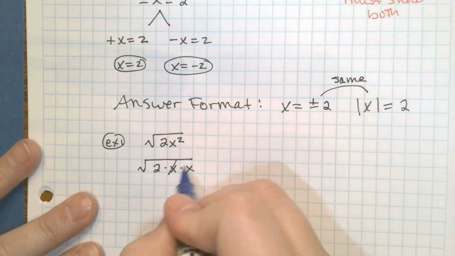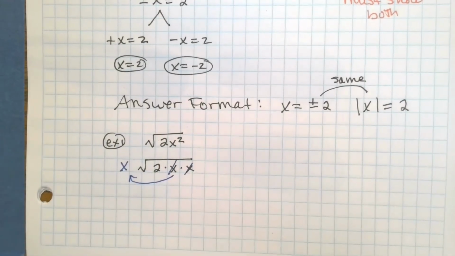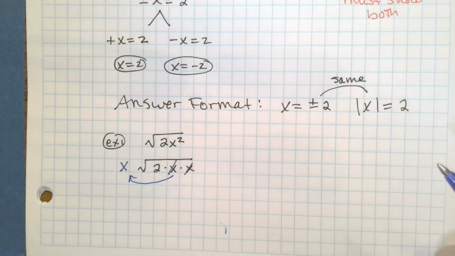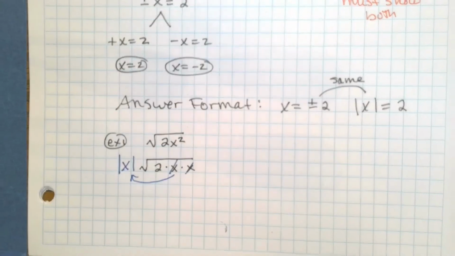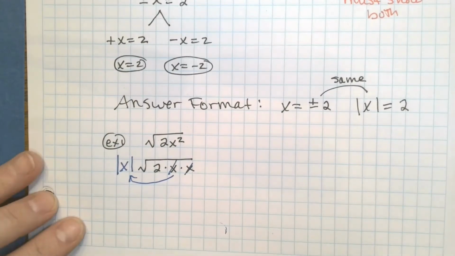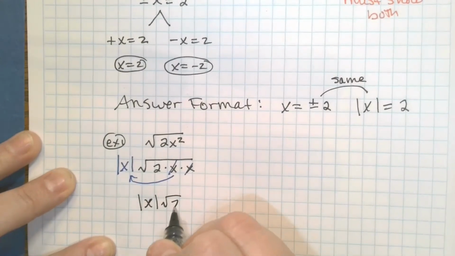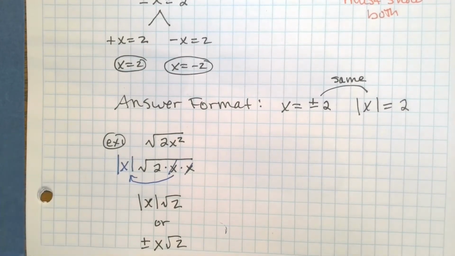So 2 x's, 1 comes out to the front, but because it was x squared, we don't know if it was a positive x being squared or a negative x being squared. So we put absolute value bars around it to show both types. So your answer is absolute value of x radical 2, or you can say plus and minus x radical 2. Both are acceptable answers.